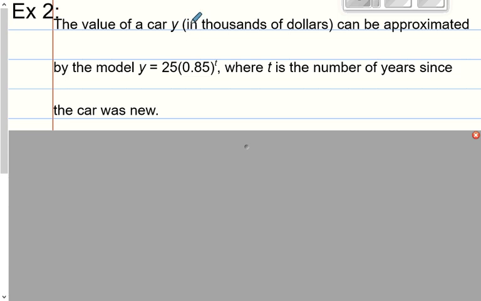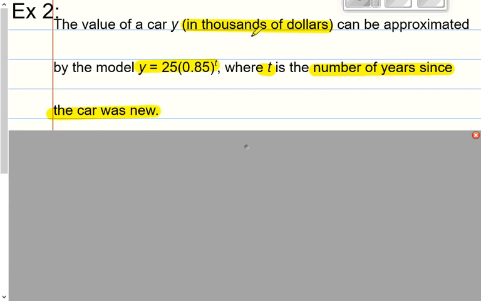The value of a car, Y, in thousands of dollars, make sure you pay attention to that, it's going to be important later on, can be approximated by the model Y equals 25 times 0.85 to the t, where t is the number of years since the car was new.